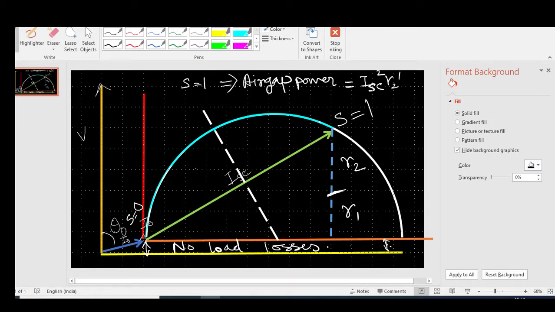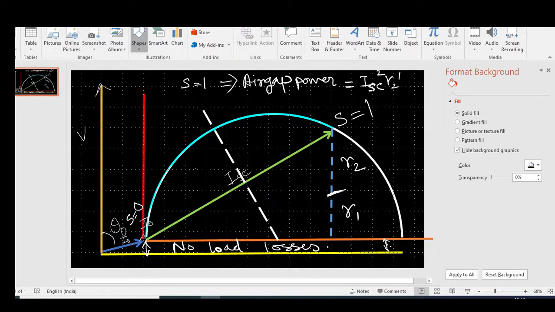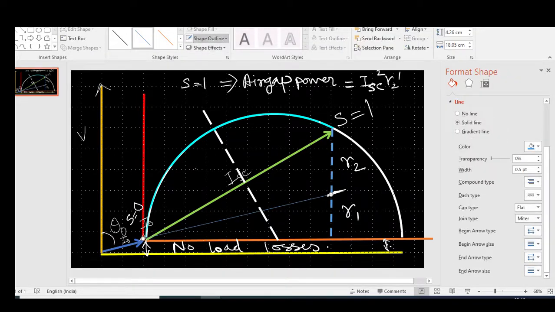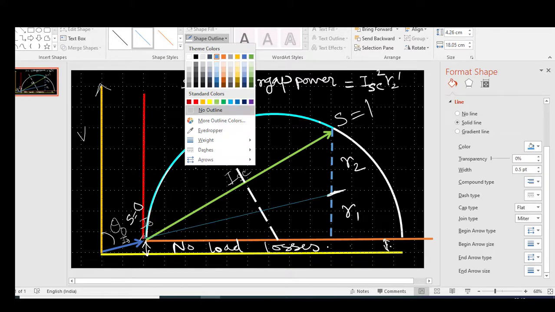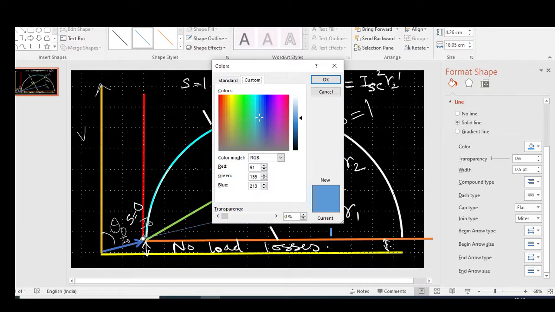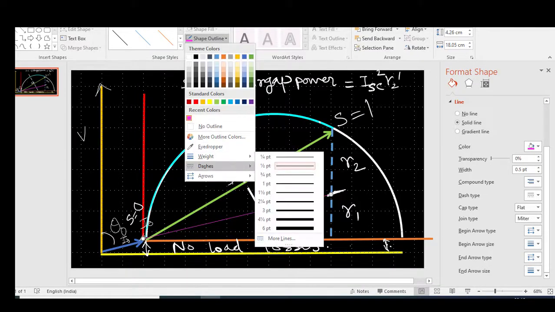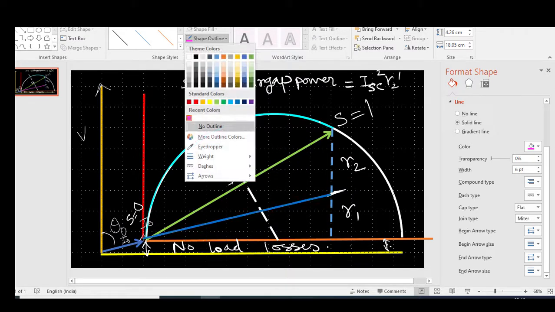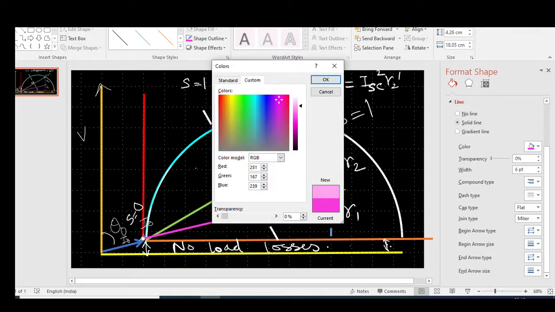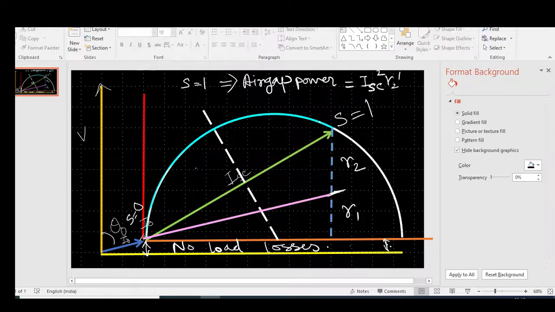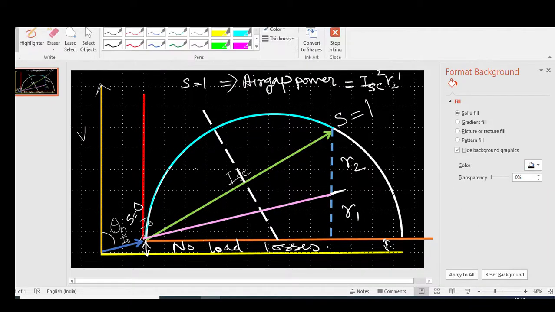Then we need to join that point from this line, so this is our air gap line.